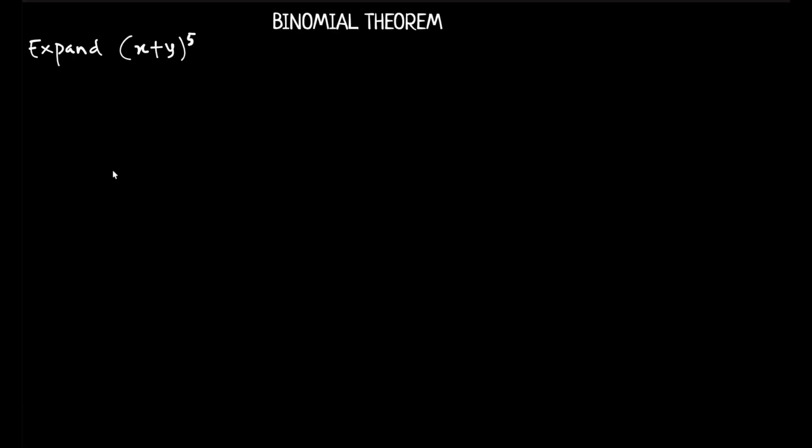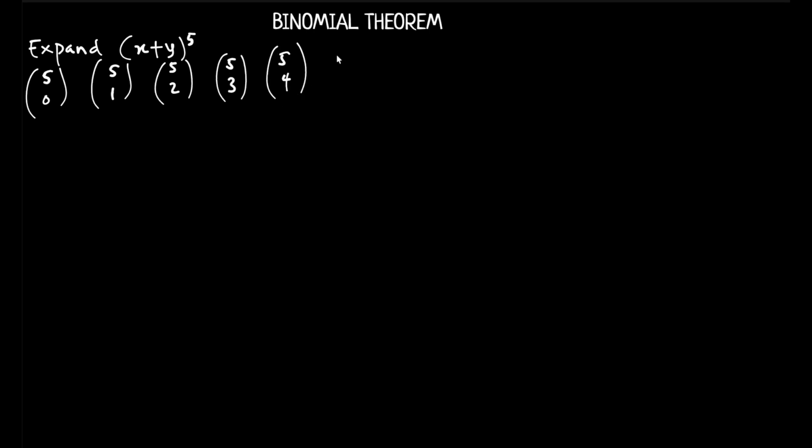Now let's use that understanding to solve this problem. So we want to expand (x plus y) to the power of 5. So this power tells us that we are dealing with 0 to 5 from that point of view. That is, we have 5 combination 0, 5 combination 1, 5 combination 2, 5 combination 3, 5 combination 4, and 5 combination 5.